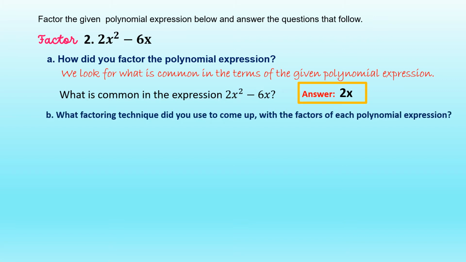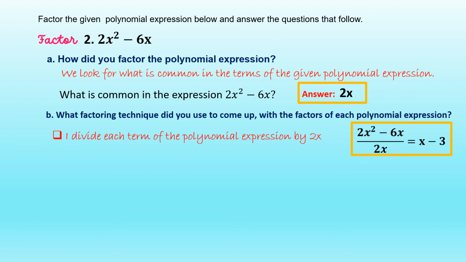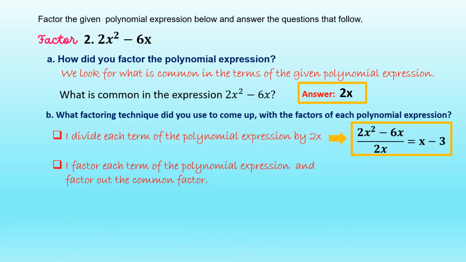What factoring technique did you use to come up with the factors of each polynomial expression? First, I divide each term of the polynomial expression by 2x. 2x squared divided by 2x is equal to x. 6x divided by 2x is 3. So we have x minus 3. Next, I factor each term and factor out the common factor.